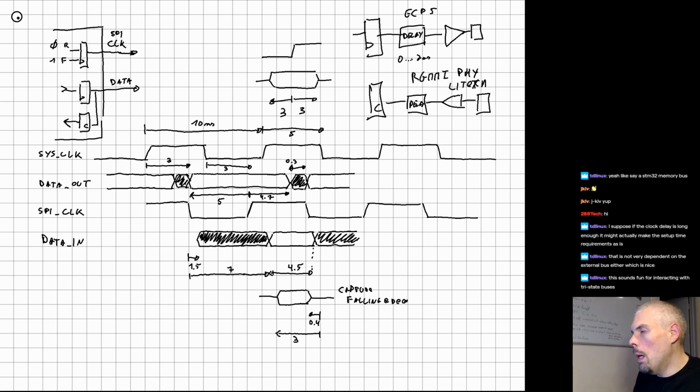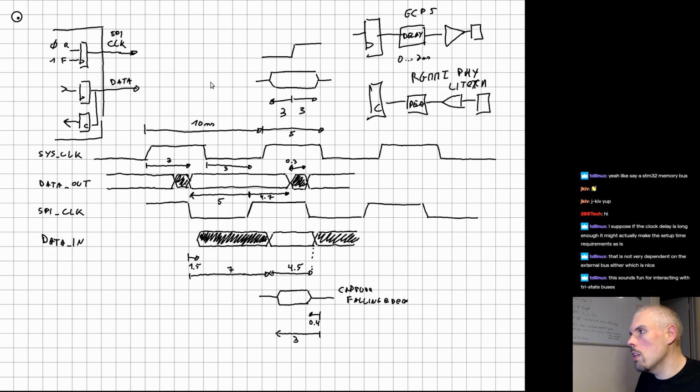Now, as I mentioned, I won't have the time because it's already way longer than I thought it would take. But I'm just quickly gonna present the problem with HyperRAM and show you how it's solved essentially using that phase shift.